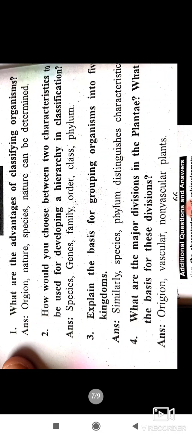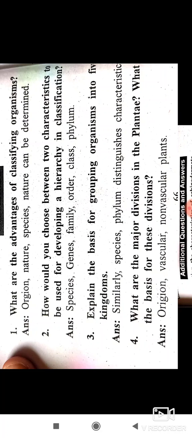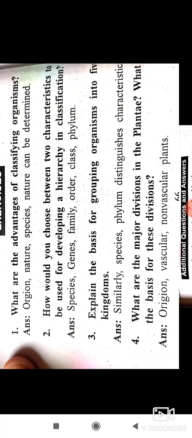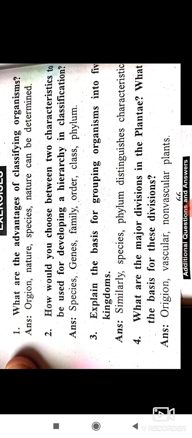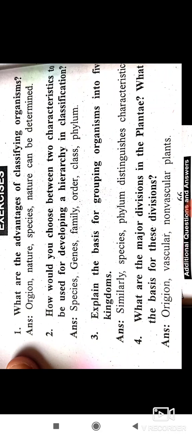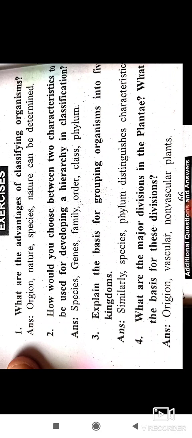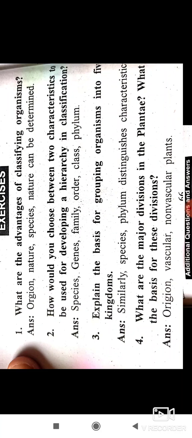So what are the advantages of classifying organisms? You have to see origin and nature, and species and nature can be determined. So how would you choose between two characteristics to be used for developing a hierarchy in classification? Species, genus, family, order, class, phylum.